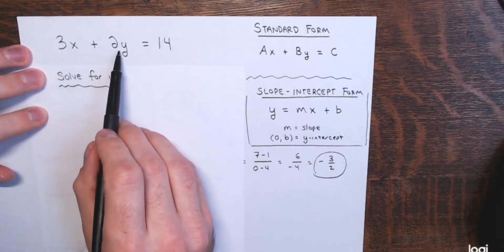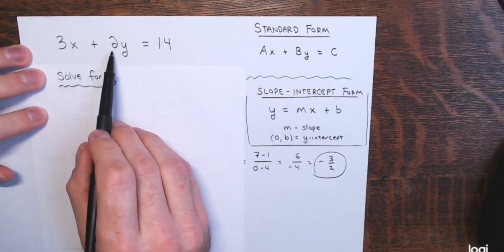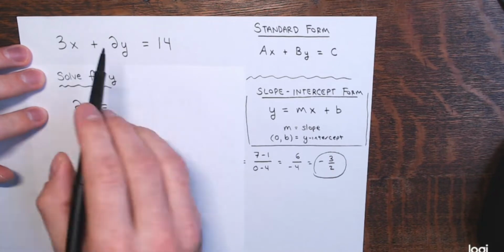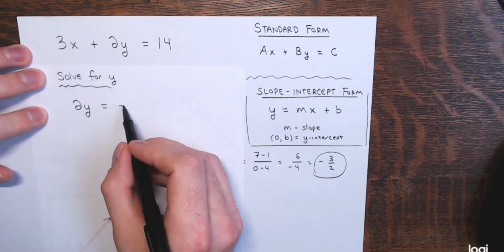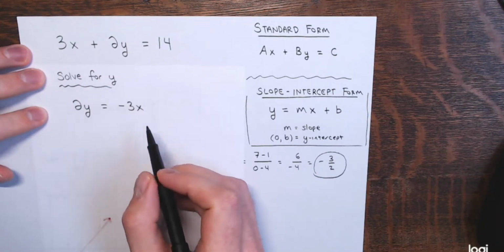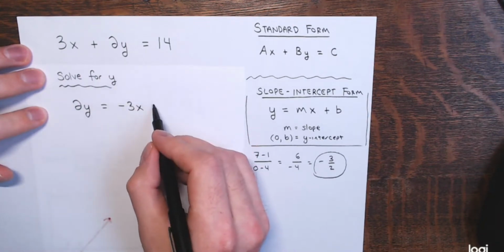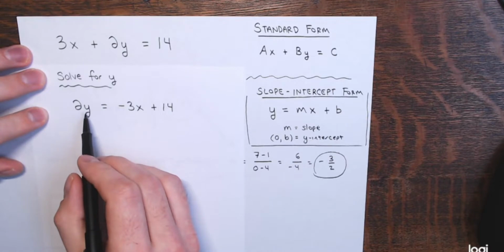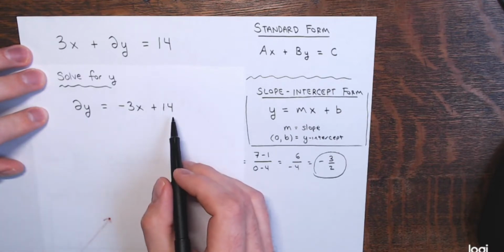So if I'm solving for y, this positive 2y term, I'm going to keep that on the left. And I would subtract the 3x. So then I'd have a negative 3x on the right, and you'd still have a positive 14, right? So you have negative 3x plus 14 on the right side. And then finally, to get y alone, I would divide every single term by 2.